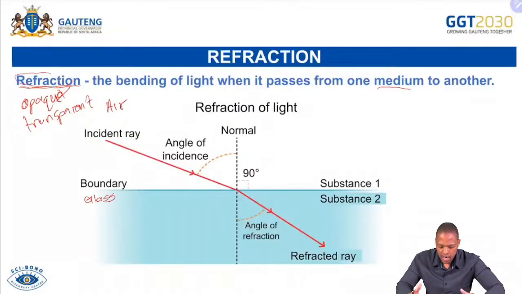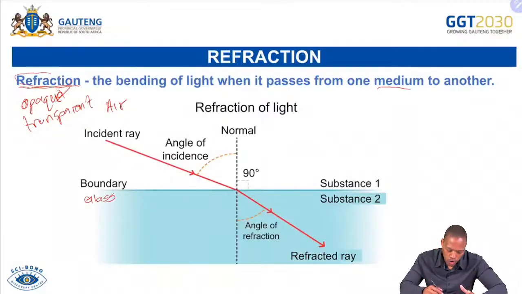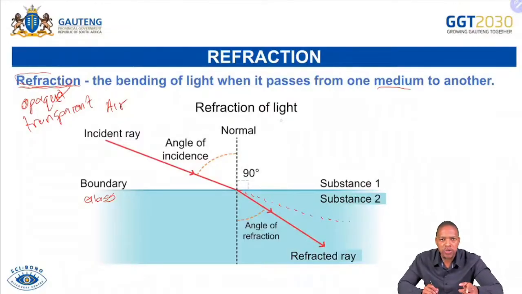What refraction tells us is that this light is not going to maintain a straight line, because if you look at the diagram here, a straight line would have been something like this, right? However, the light did not take this path. Immediately when the light entered here, the light bent, it changed direction, okay? It changed direction, but not by going back to the same medium as in a case of reflection.